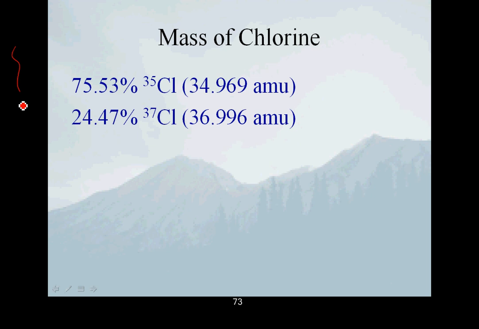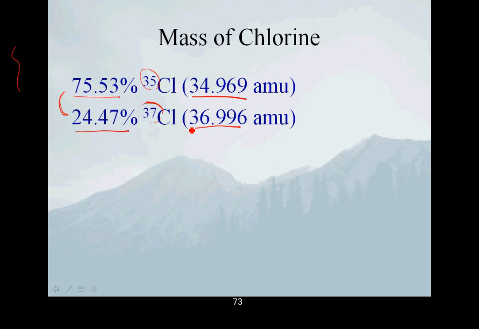The first flavor is the chlorine-35 isotope, and 75.53% of all the chlorine in the world, whenever we measure it, is chlorine-35. This is almost a 3-to-1 ratio. Its exact mass is 34.969 atomic mass units. And then the other 25% is the chlorine-37 isotope, whose mass is very close to 37, as you would expect.